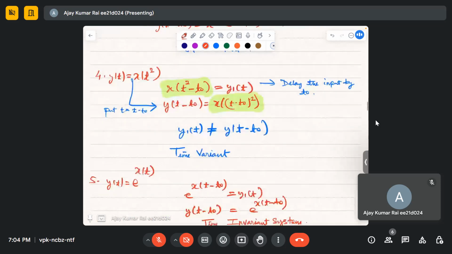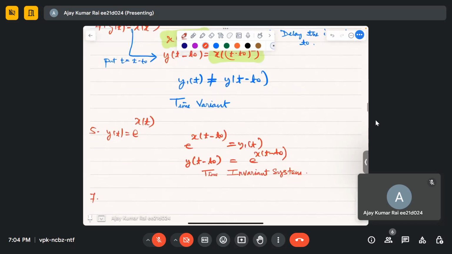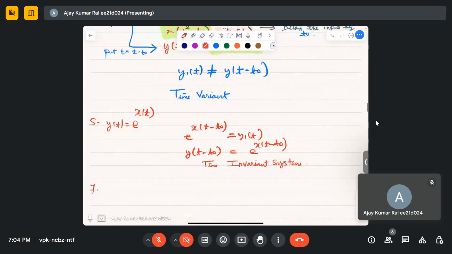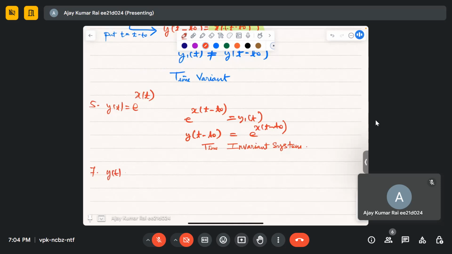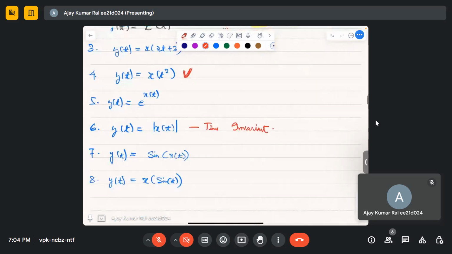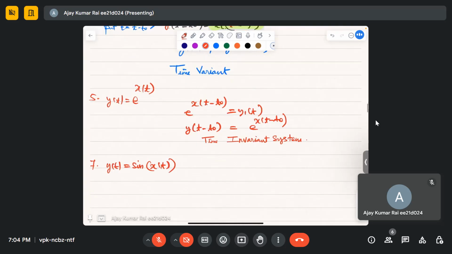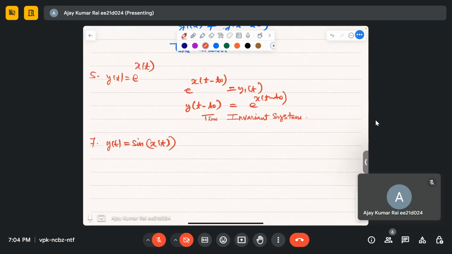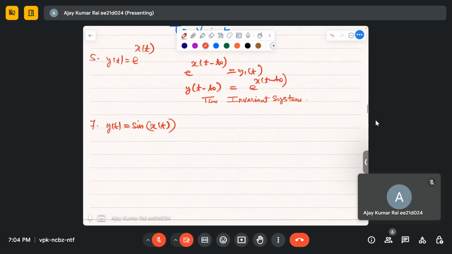This is again seventh. Let me do seventh here. Y of t equal to sine x of t. Yeah, this is very tricky. What you are doing, you are delaying the input by t naught. So how to delay the input by t naught here?